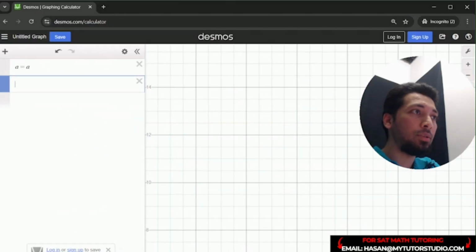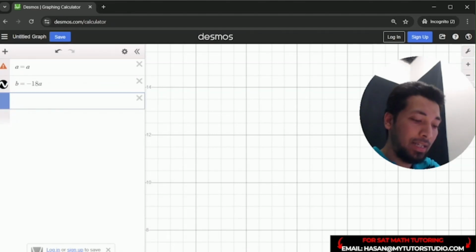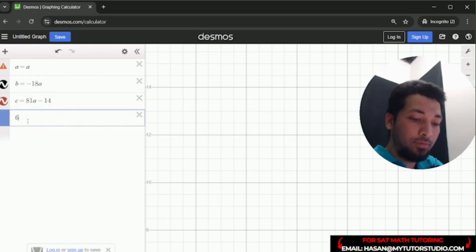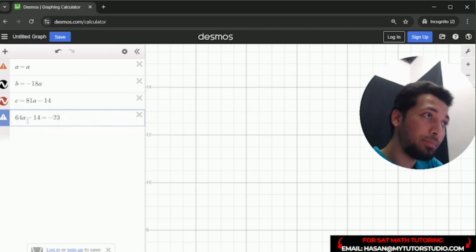So we know that a is equal to a, b is equal to negative 18a, and c is equal to 81a minus 14. So the sum of a plus b plus c is 64a minus 14, which is equal to negative 23.